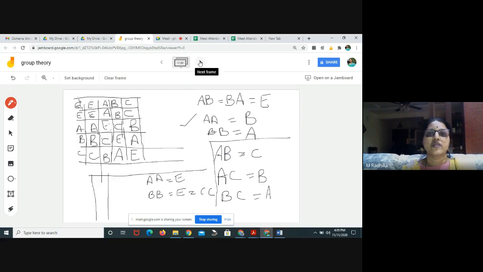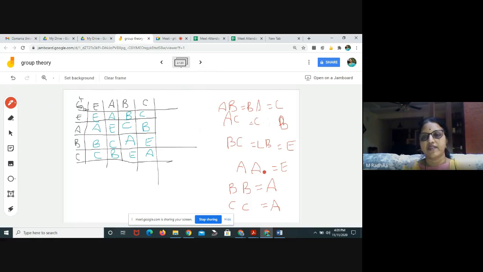Now look at this one. How many do you have like that? We have only one. A into A is the only inverse of its element, whereas B and C are not, because they are giving a different element, not identity.